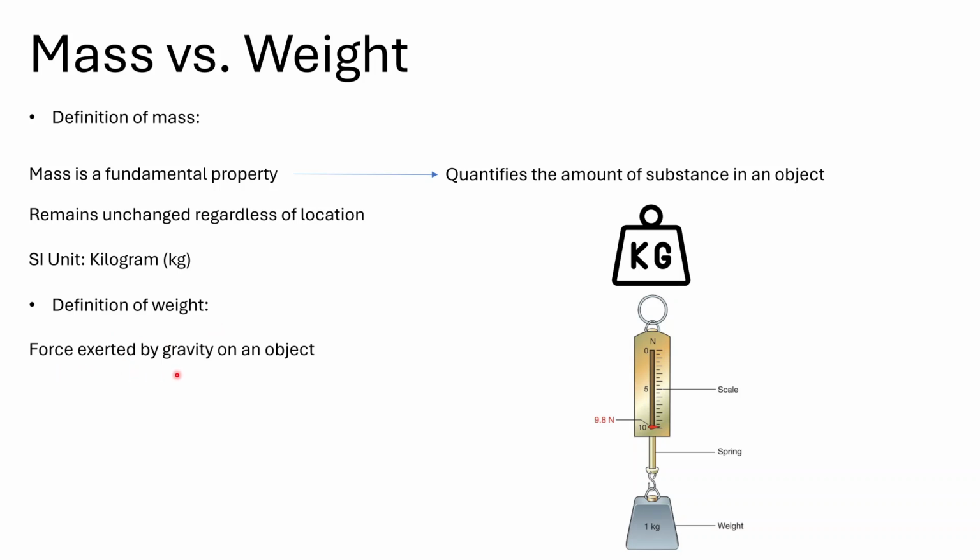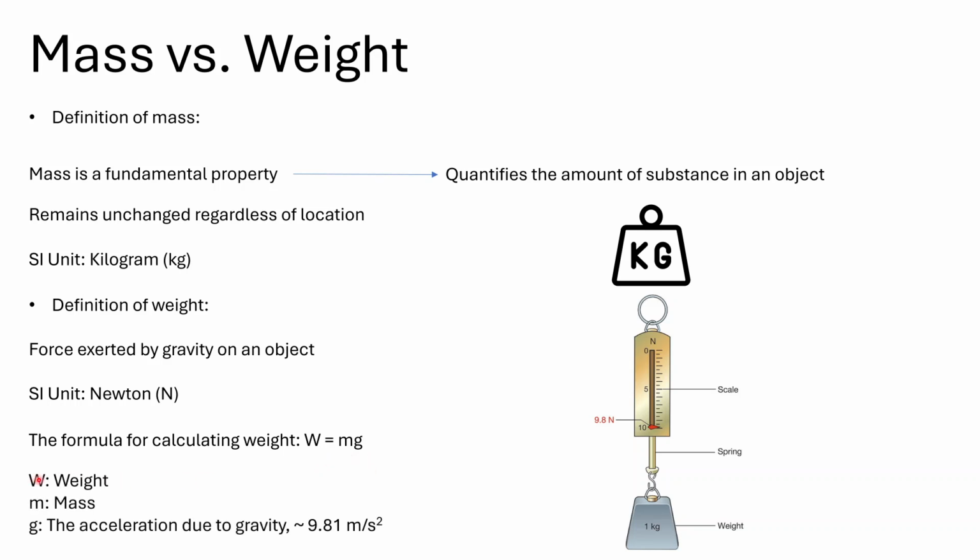It is the force exerted by gravity on an object, and the SI unit for weight is newtons. The formula for calculating weight is W equals mg, in which W is weight, m is mass, and g is the acceleration due to gravity, which is approximately equal to 9.81 meters per second squared.